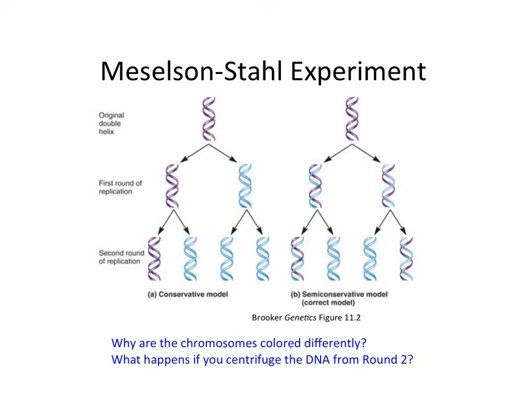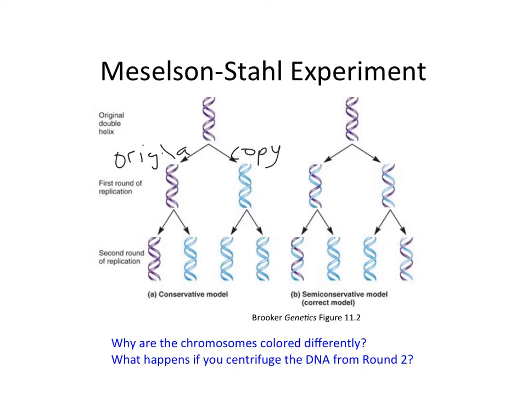So what's the difference between these two models? The conservative model on the left, semi-conservative on the right. Even if you don't know the details, just what do you see that's different? In the conservative model, the DNA replicates, and one is going to be the complete copy of it.